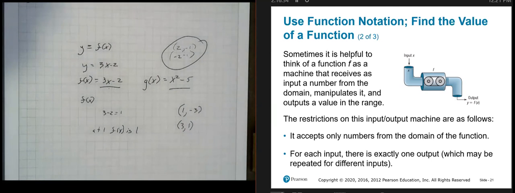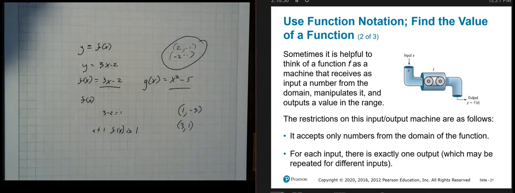You can only use the numbers from the domain, otherwise the machine blows up in your face. And for each input, there's exactly one output. You won't get two or more different numbers for that same input. But more inputs might put out the same output.